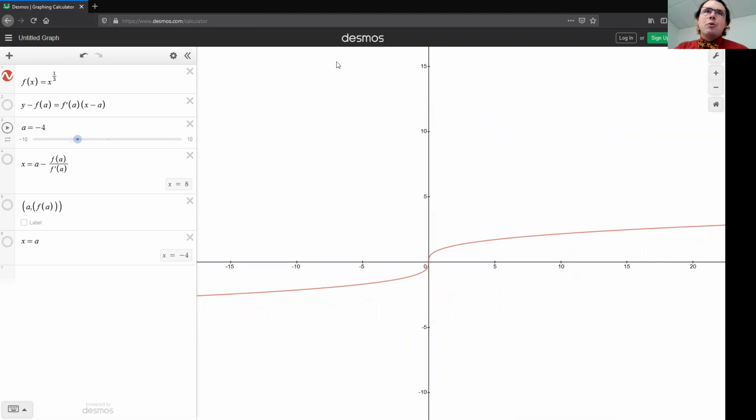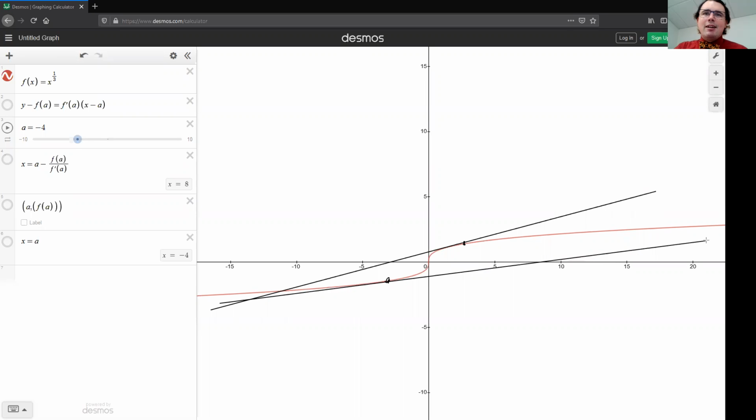So I drew in some guess. I followed my tangent line. I found where that crossed the x-axis, and that gave me another guess. And I drew in another tangent line, and I did the same thing. Every single time, I'm going farther out on the function.